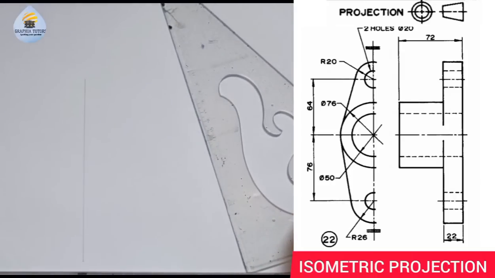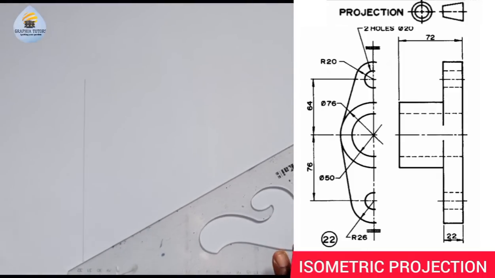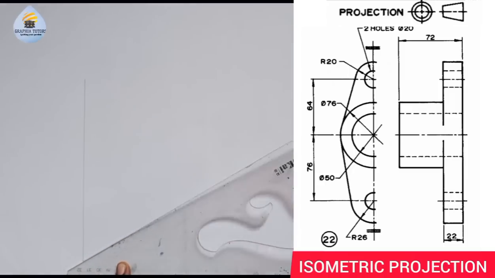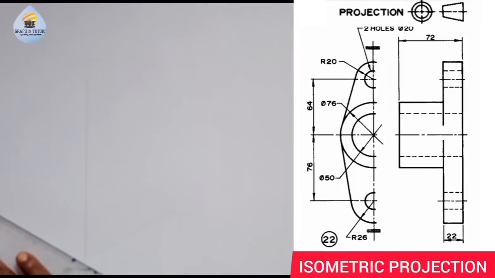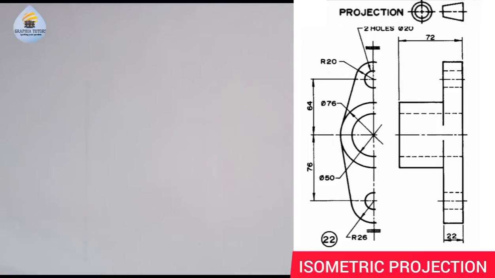Can you see that? And you draw the x-axis, that is the inclined axis, this way. Can you see that?